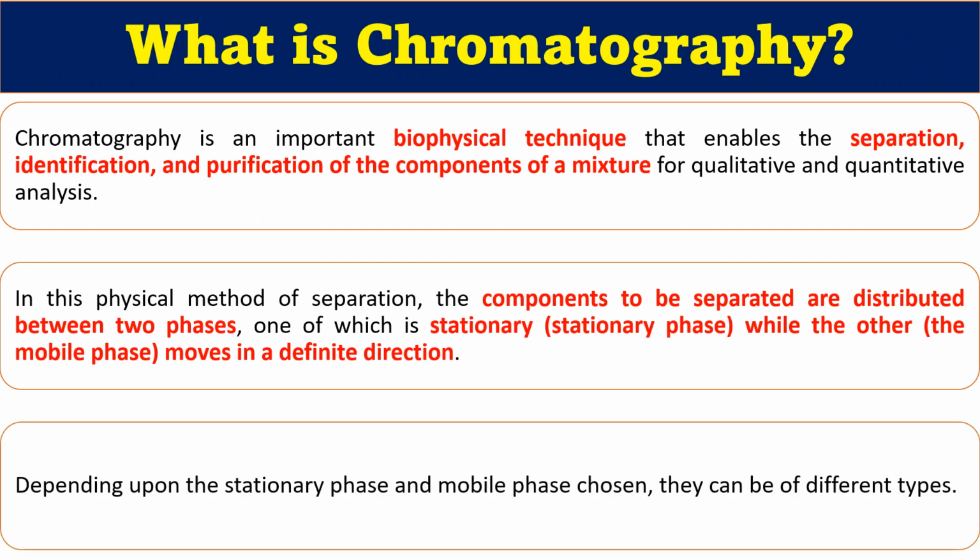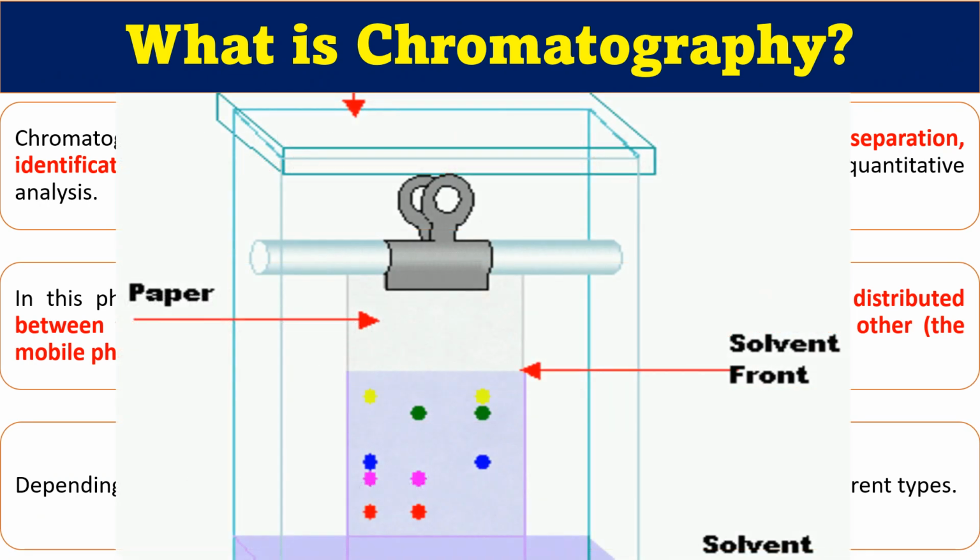Depending on the stationary phase and mobile phase, we have different types of chromatography, and thin layer chromatography is another category. This is the basic picture of chromatography, where we have used a glass chamber. In this chamber, this is the system called the stationary phase, and at the bottom we have the mobile phase, that is the solvent.